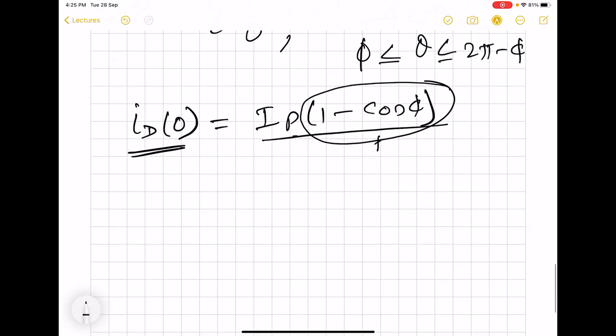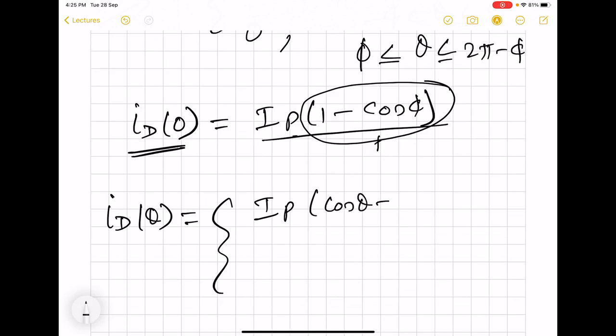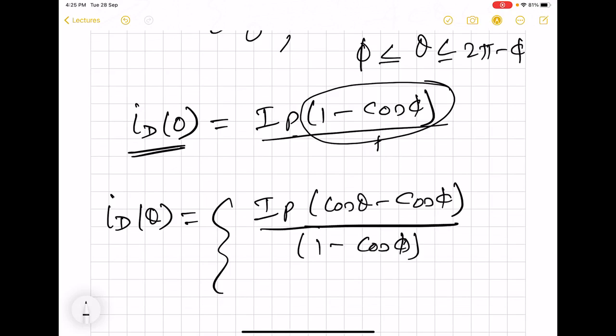So now we get the new expression for drain current as IP (cos theta minus cos phi), now divided by 1 minus cos phi. So this is the amount by which the peak has become excess.